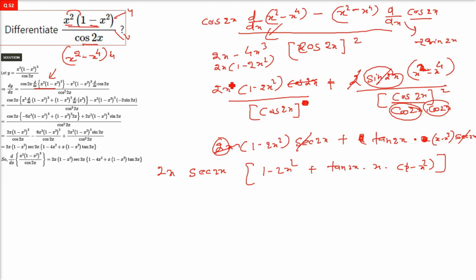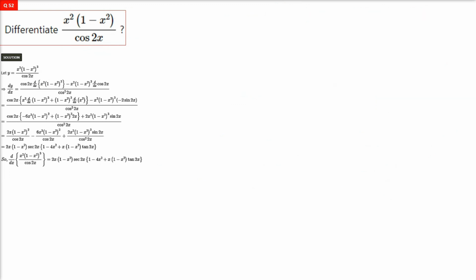Now what I am trying to suggest here is, if you see the answer which is there in the RD Sharma, and this way which I have done, there is no difference. I just made a step easier. Otherwise the first numerator has to be, whenever you have a d by dx, you have to apply the product rule for x square and 1 minus x square. I just liberated you from that extra step.